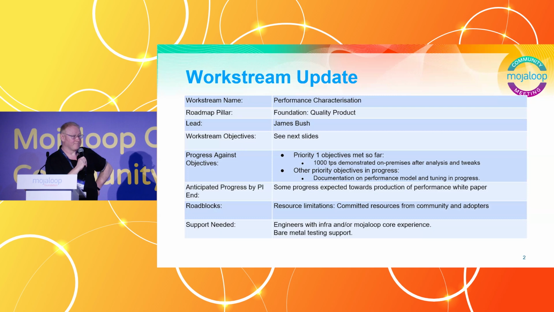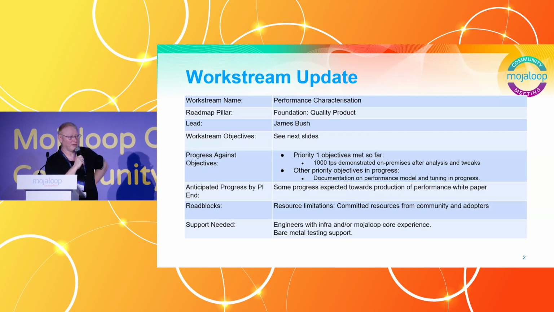For this PI, I don't know if everyone in the room is aware of the term PI. I've heard a number of people mention it over the last couple of days, but I don't think anyone's explained it yet. So in the Mojaloop community, we run our work in multiple work streams, but in time box chunks. Each time box chunk is called a program increment, and we shorten that to PI. So a program increment lasts roughly 4 months.